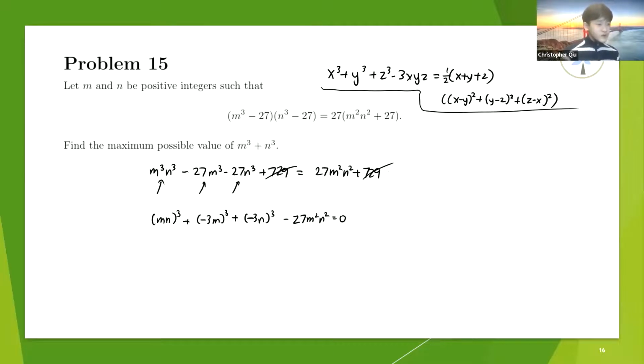And since we want to write it in this format, we want to see what 3 times mn times negative 3m times negative 3n is. So we can notice that we can further rewrite our last term as 3 times mn times negative 3m times negative 3n. And now we have an equation that is exactly in the form described up here.